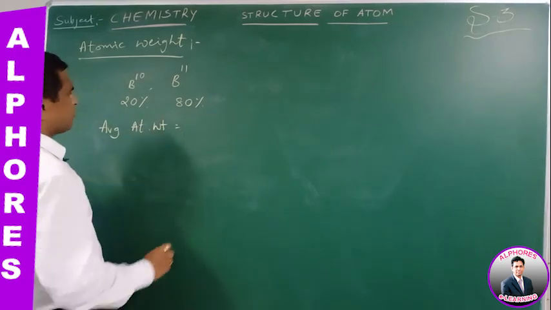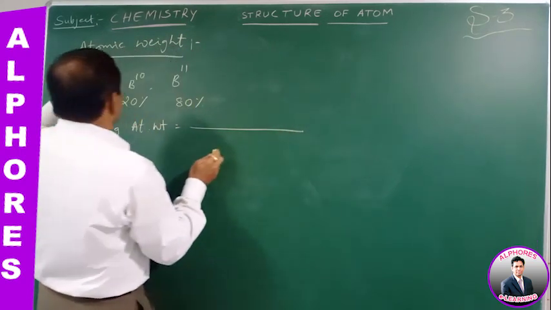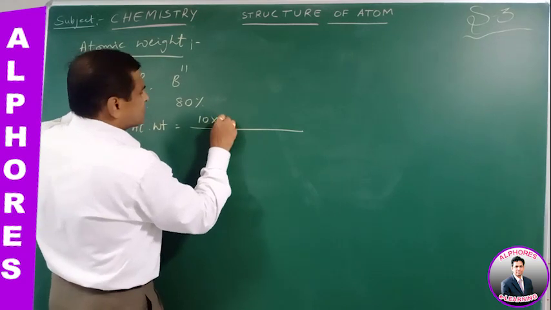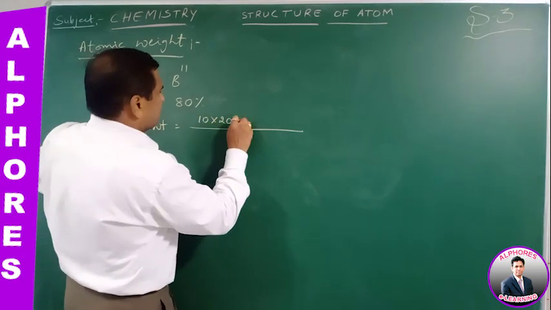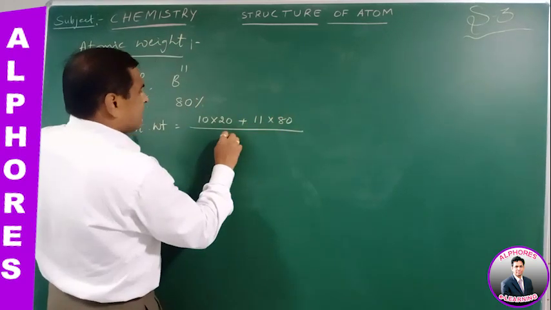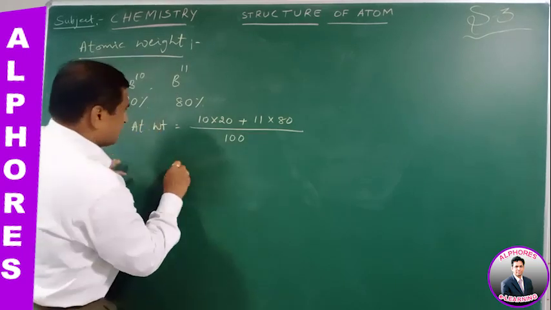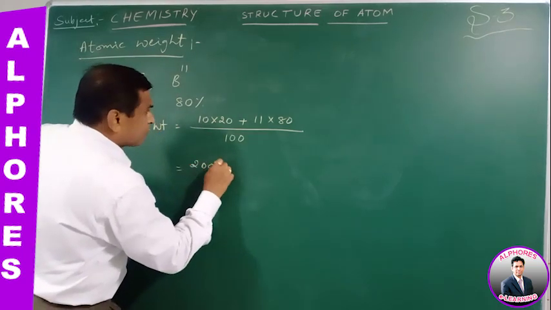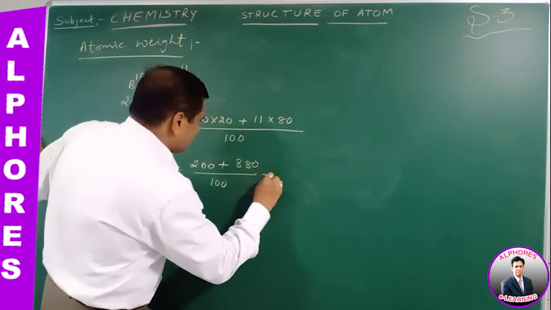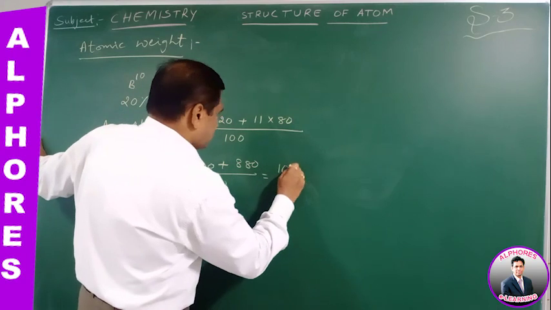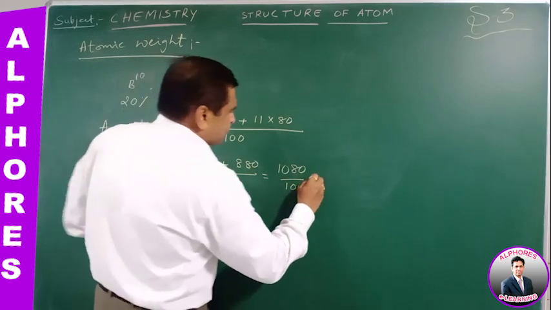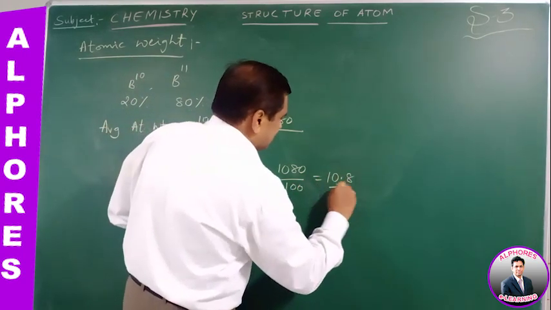The average atomic weight of boron equals atomic mass into percentage abundance of one isotope plus atomic mass into percentage abundance of the other, divided by the total percent abundance. That is 200 plus 880 divided by 100, equals 1080 divided by 100, that is 10.8.